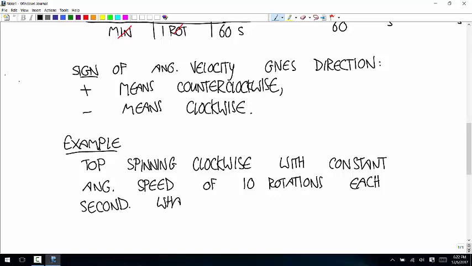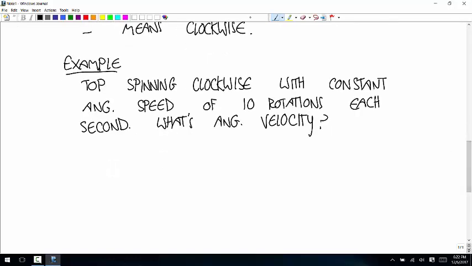What's the angular velocity? Well, first, let's just write the angular speed in terms of radians per second. So we have 10 rotations per second.